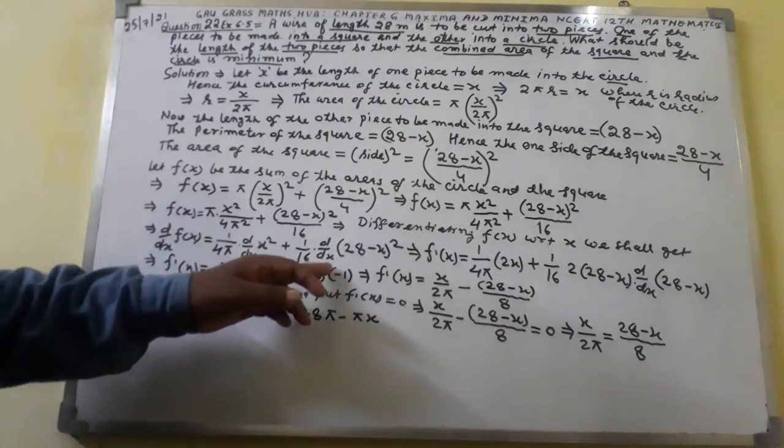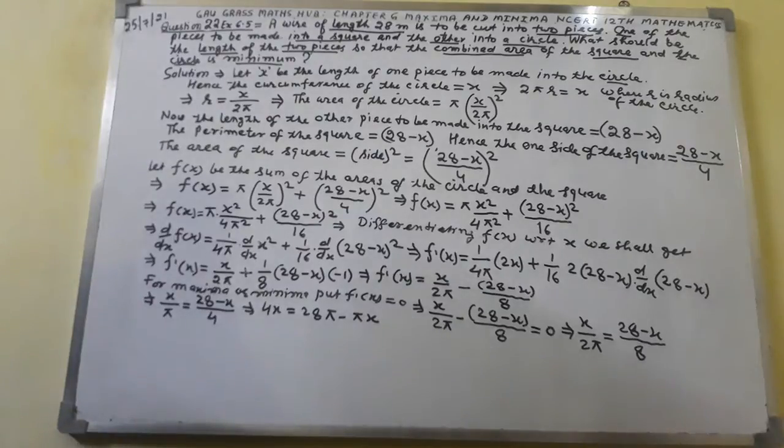Now here we will get 1 over 4 pi, 2x, plus 1 over 16, 2 times (28 minus x) times minus 1. That is okay. So here you have got f dash of x is x over 2 pi minus (28 minus x) over 8.